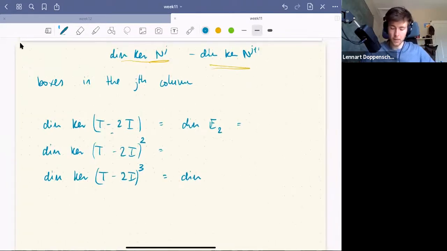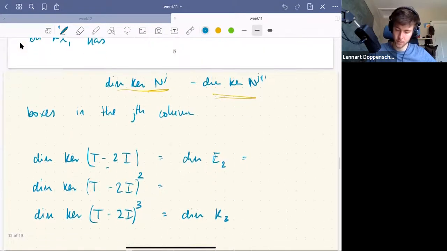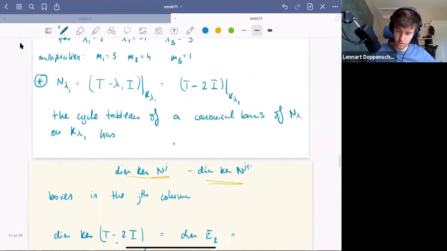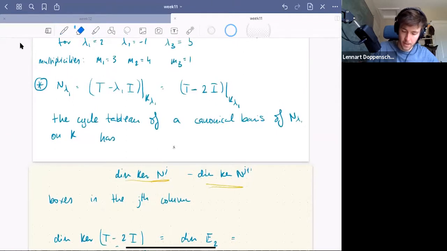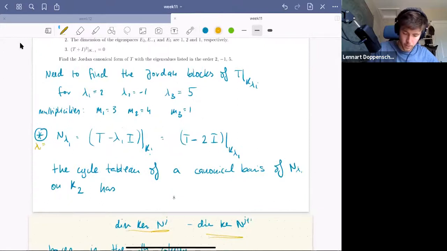Now, for the same reason that we know the first power of this kernel, because it's the eigenspace, we know that the highest power that we need to consider is the generalized eigenspace itself. So this is K2, because this is the first case, lambda 1 equal to 2.